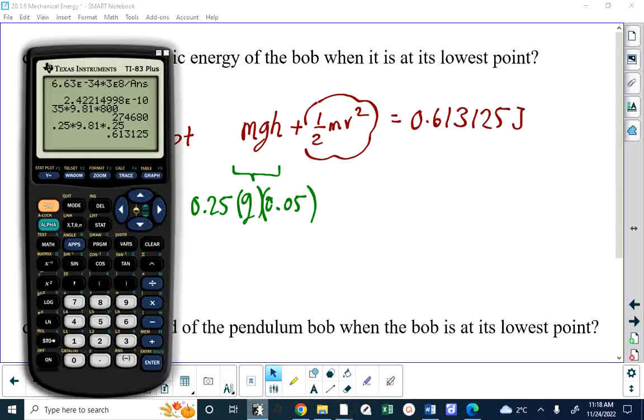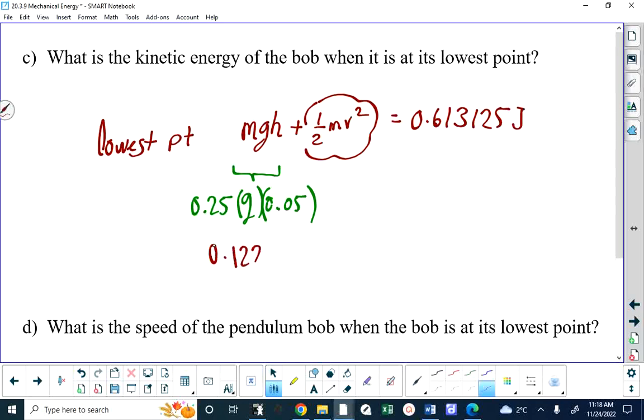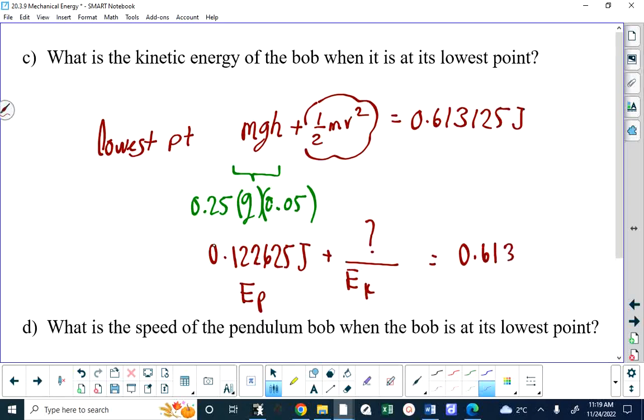So what does this work out to? This works out to 0.25 times 9.81 times 0.05, 0.122625 joules. That is the potential energy at the lowest point, plus the kinetic energy at the lowest point, which we're trying to find, is equal to the sum of the two, the mechanical energy at the lowest point, because the mechanical energy that we calculated at the highest point is the mechanical energy at the lowest point.